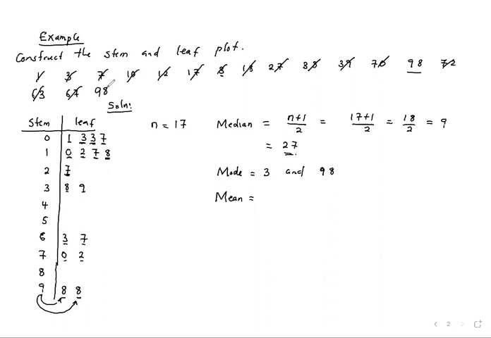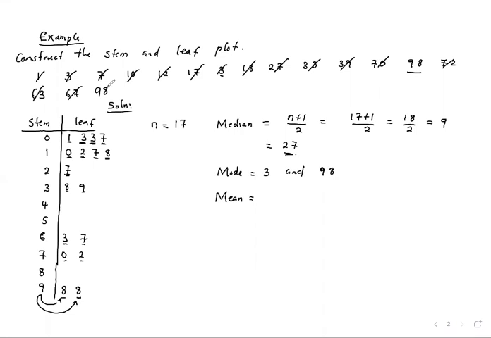Then the mean. I want to list all the numbers here, so I'm adding 1 plus 3 plus 3 plus 7 plus 10 plus 12 plus 17 plus 18 plus 27 plus 27, now plus 38 plus 39 plus 63 plus 67 plus 70 plus 72 plus 98 plus 98.